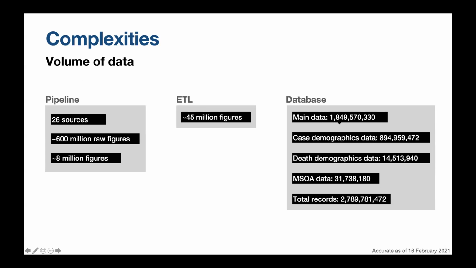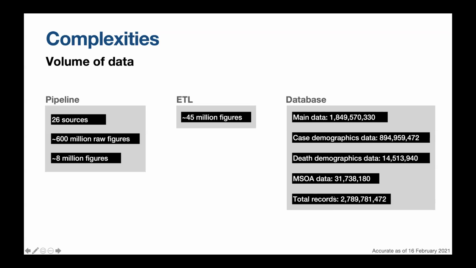So we have about 1.8 billion records in our main database. We have about 900 million records for demographics, about 15 million records for deaths demographics, nearly 32 million for MSA.